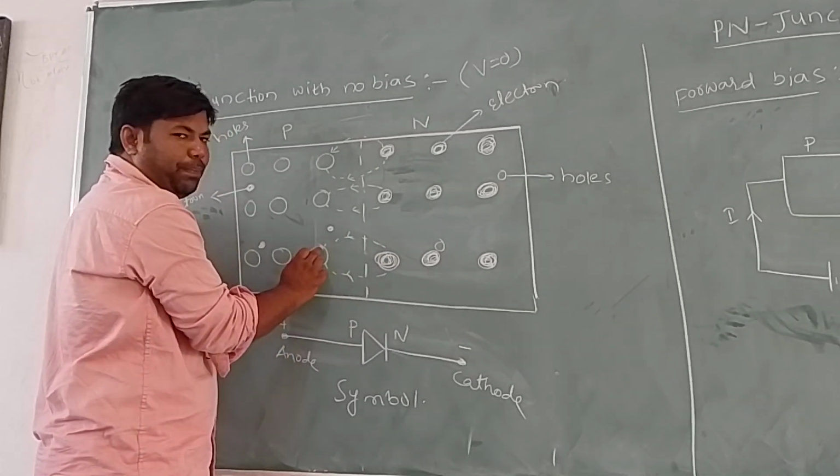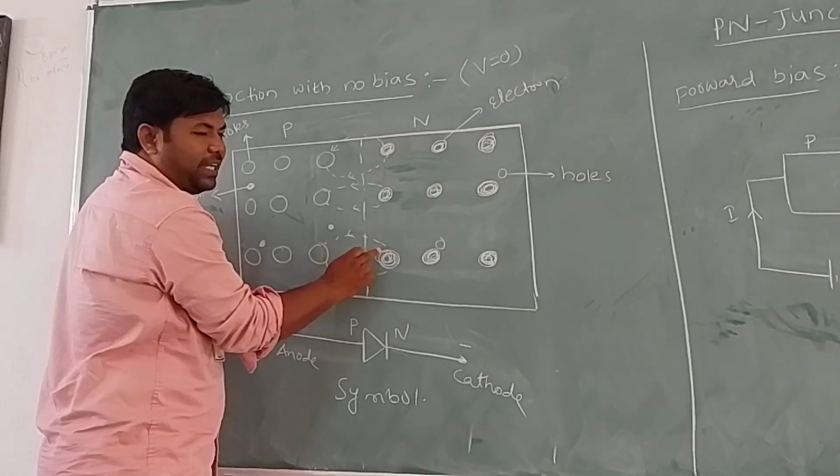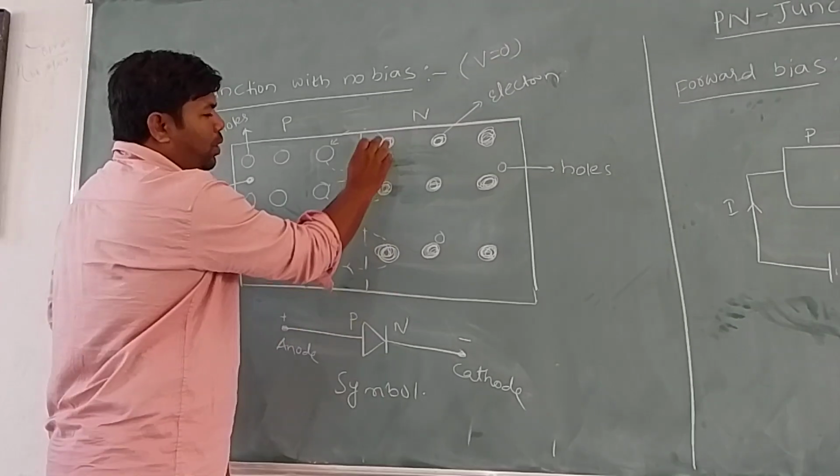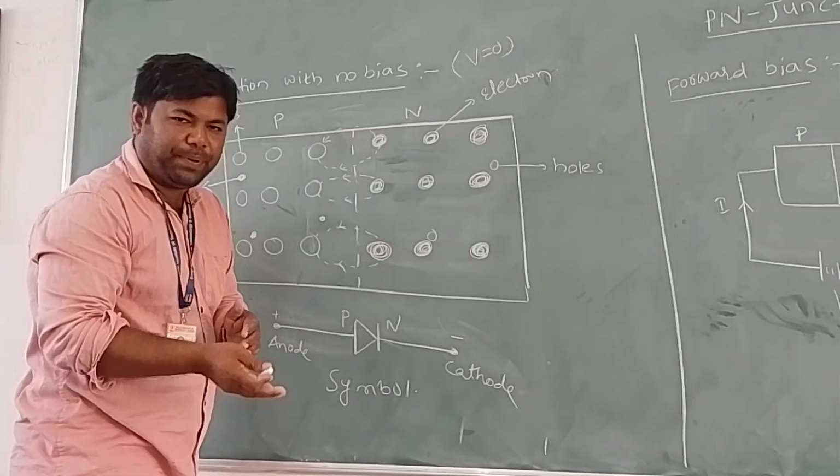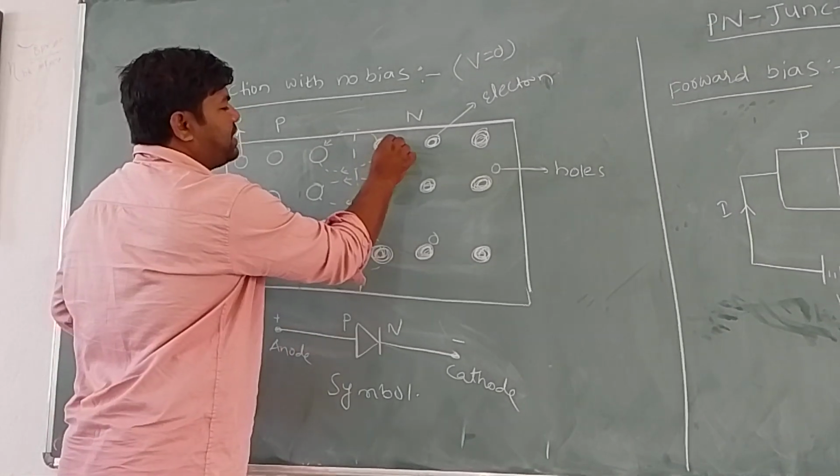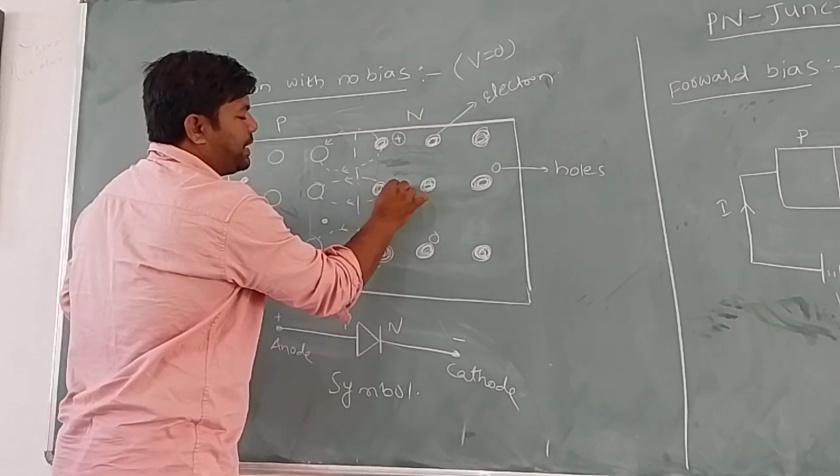Whenever an electron enters the P region, its negative charge disappears and a positive charge is generated.